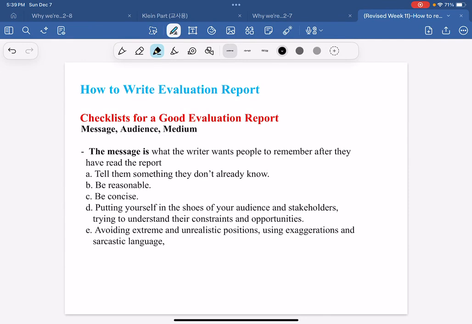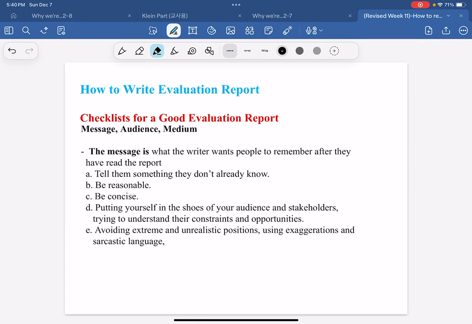Therefore, the evaluators need to create messages which are effectively described, right?